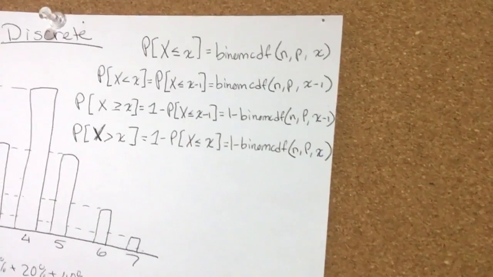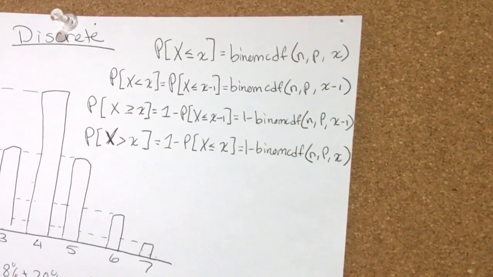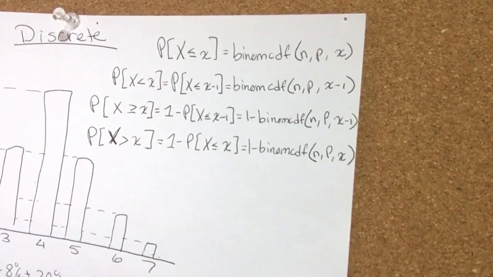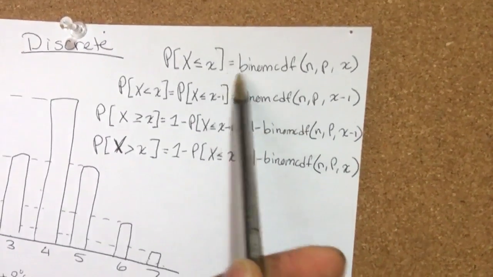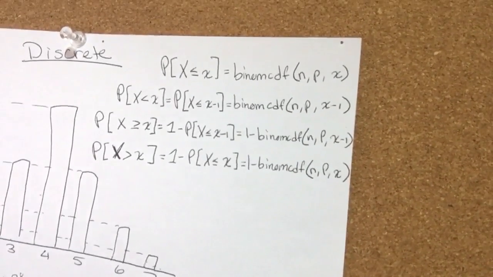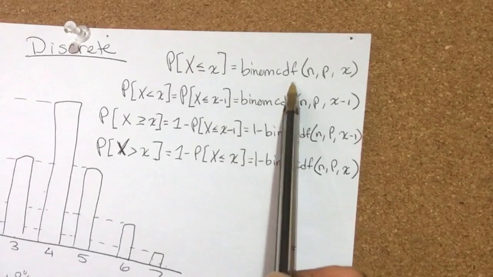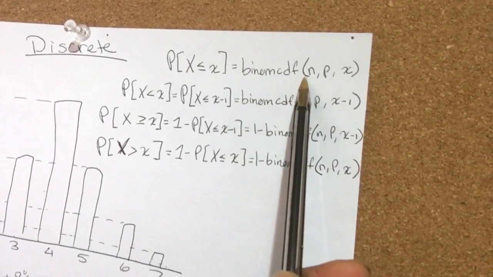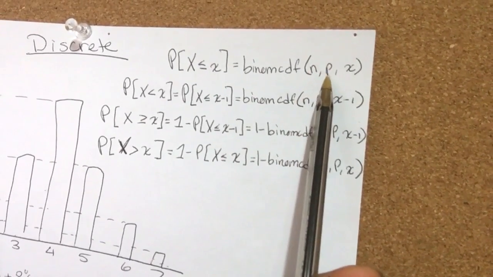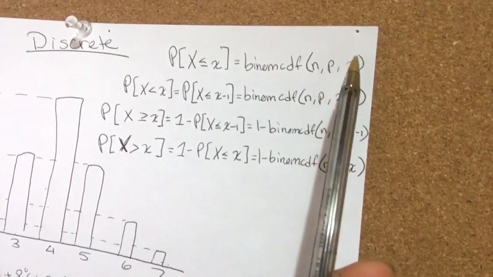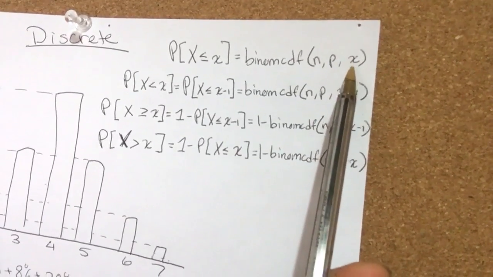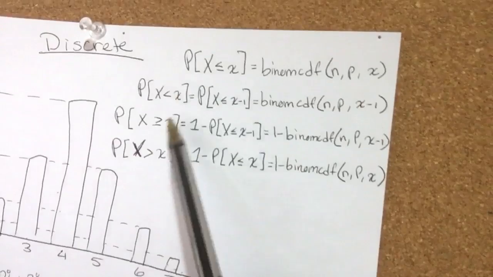So in our case, we shot the basketball 5 times. We're looking for how many times I make 2 shots. So that's going to be the amount of times I make 2 or fewer shots. That's going to be binom CDF of 5 for the amount of trials I'm doing, 80% for the probability of a success, and 2 for the amount of successes I'm looking for.